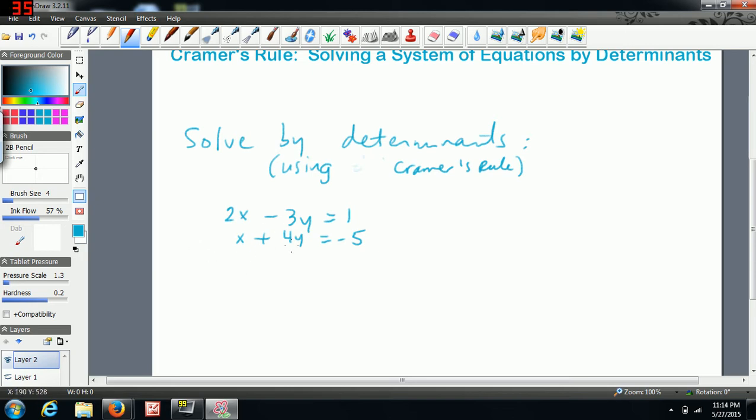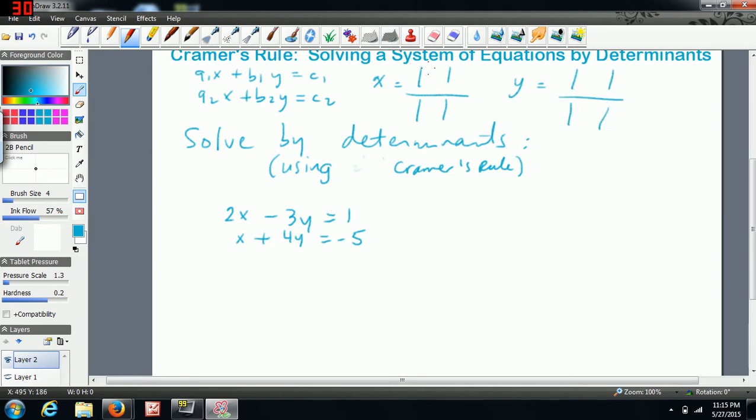So the first thing we're going to do is, now you remember Cramer's rule was the following. When we had equations in the form a1x plus b1y equals c1, and a2x plus b2y equals c2, then we would solve x in the following way and y in the following way.